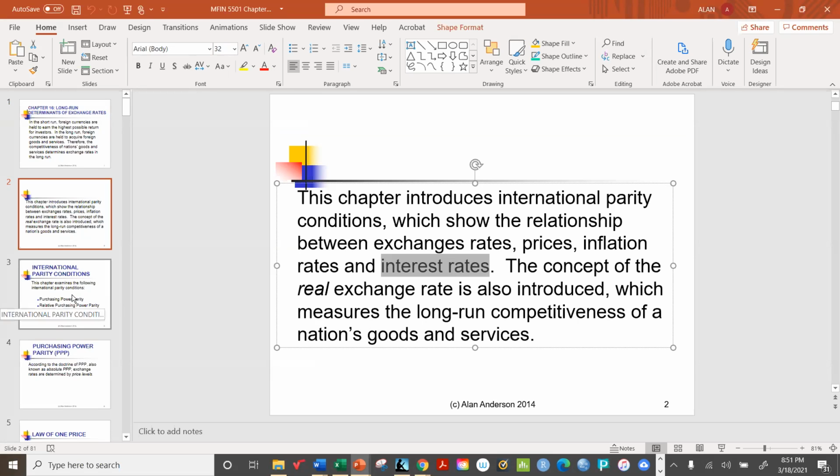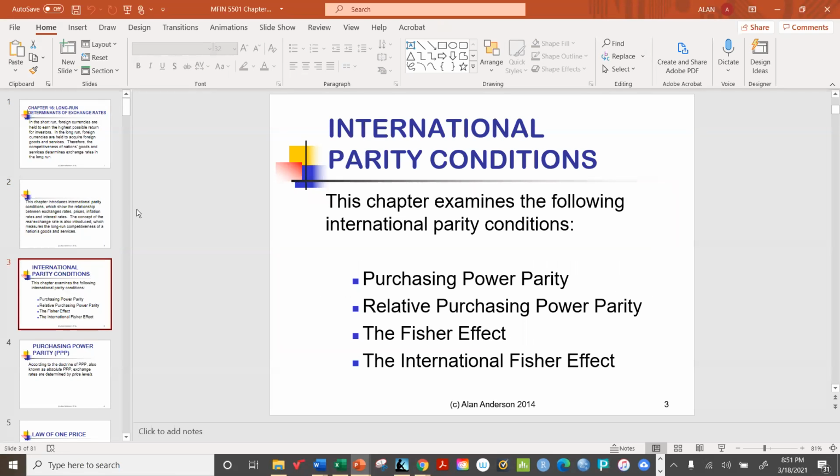All right, so why don't we start with the international parity conditions? Now, these conditions are not arbitrage conditions, okay? Remember, in chapters 14 and 15, or at least 14, we looked at at least two parity conditions, arbitrage conditions. We had the triangular arbitrage and we had the interest rate parity, where if those relationships were violated, we saw that arbitrage opportunities can take place. We don't have that here.